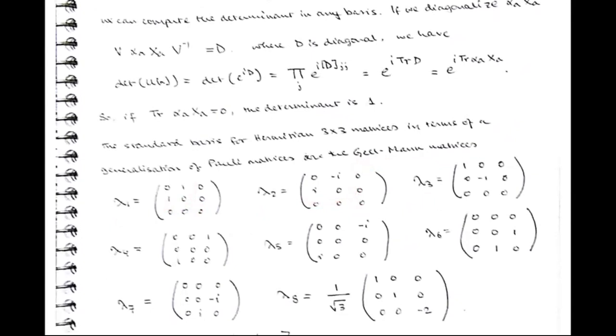So lambda 1 is 0, 1, 0, 1, 0, 0, and 0, 0, 0. So you see that the first 3 of these are Pauli matrices with an extra layer of zeros attached to them.